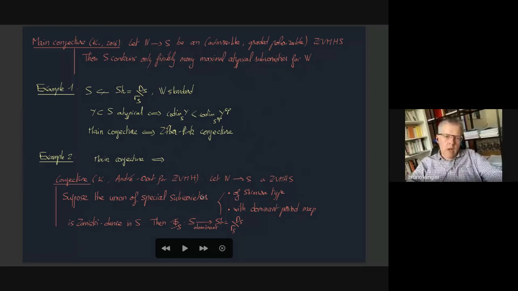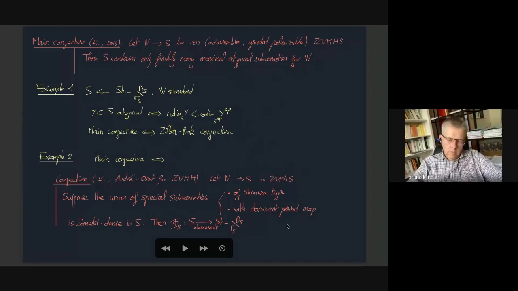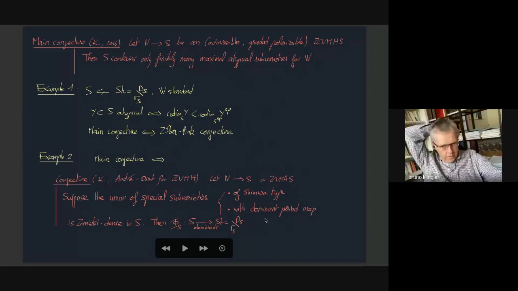In other words, what I'm looking at inside S are all the special subvarieties which are essentially Shimura subvarieties. And then the claim is that if such a collection of Shimura subvarieties inside S is Zariski dense, then this is possible only if S was essentially already a Shimura variety, in the sense that the original period map was dominant onto a Shimura variety.